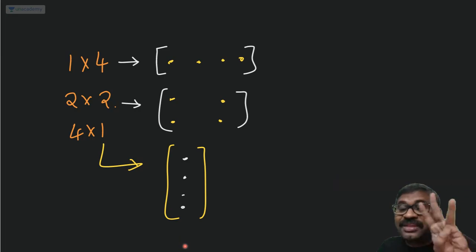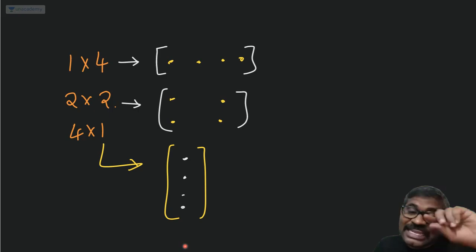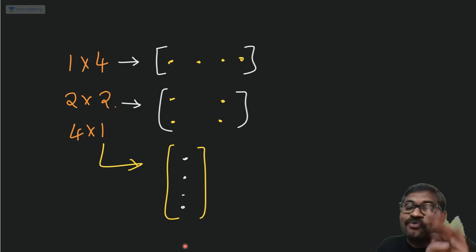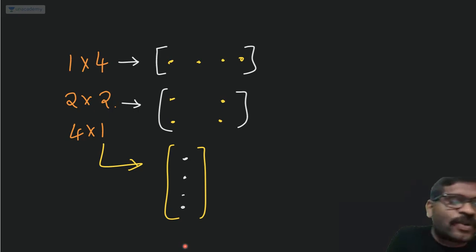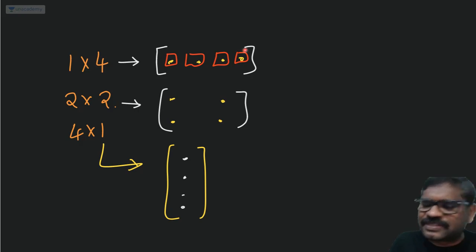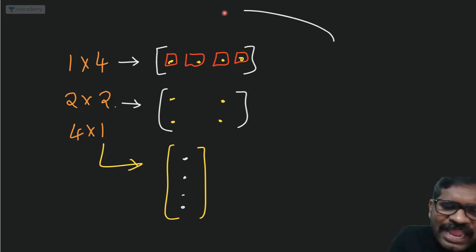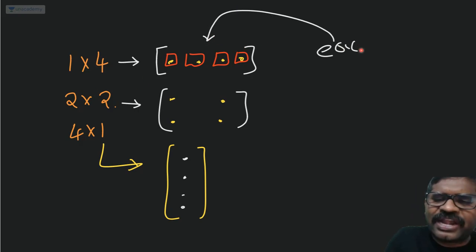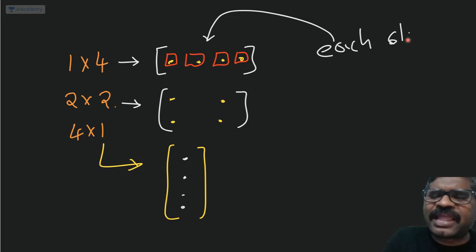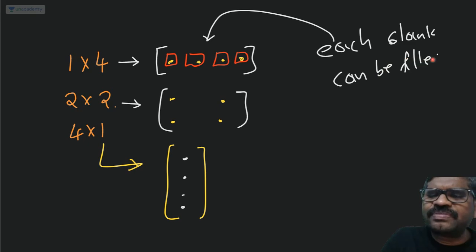Here, 3 different types. In each type, you have 4 blank places. Each blank can be filled in how many ways? In 4 ways.